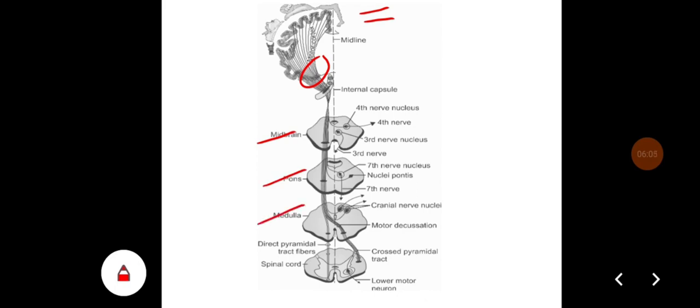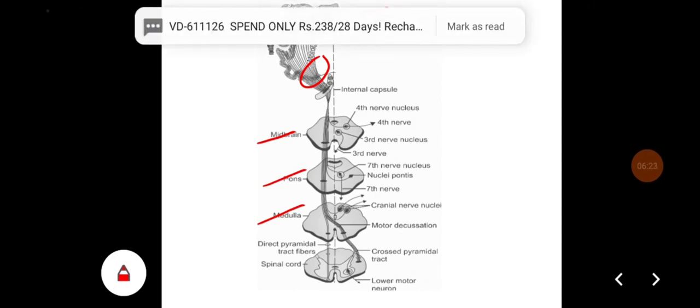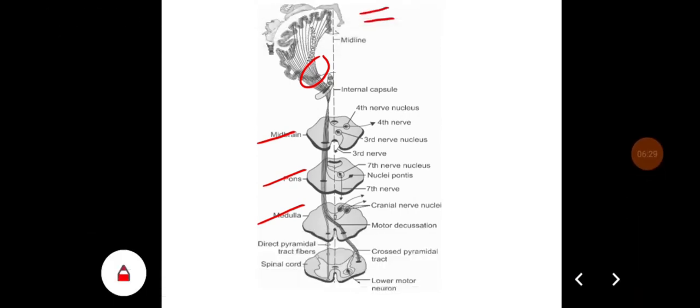In the medulla, almost 85% of the fibers decussate to form the lateral motor tract, which innervates the anterior motor neurons till the lowest part of the spinal cord, whereas some of the uncrossed fibers descend into the anterior white column, and from there they go to the opposite side of the spinal cord to innervate the muscles, and these fibers reach up to only the cervical or thoracic part.